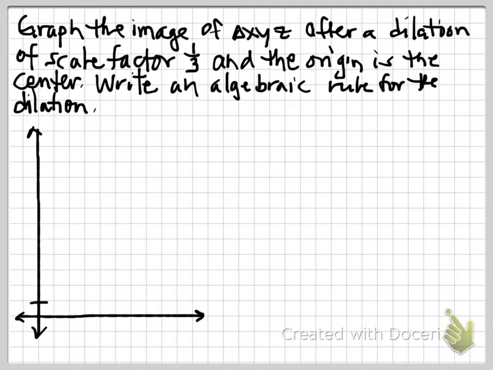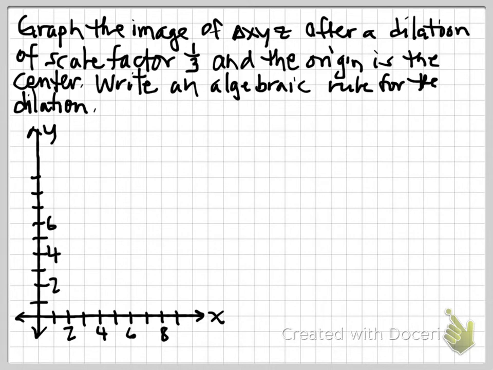We need to go up to 9 on both axes. We need to label the x and y axis, and we need to put in at least every other number on the tick mark. You can't make somebody assume you're counting by ones.